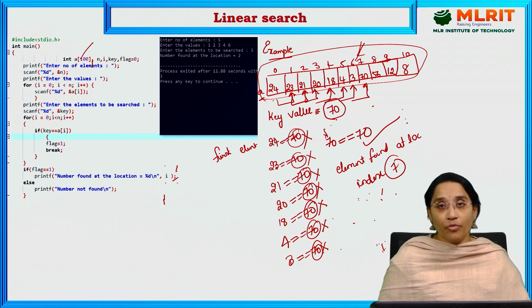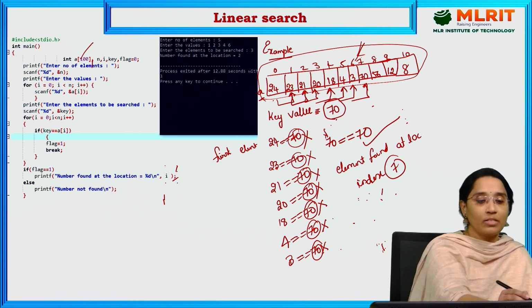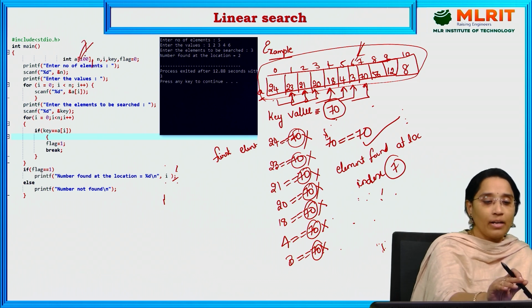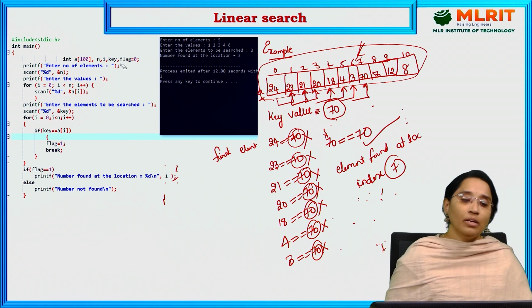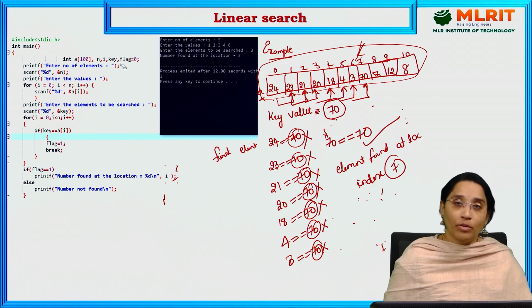Execution of your program starts from the main section. int a[100]. What type of declaration is this? This is an array declaration, and static memory allocation is done here: at compile time you fix the size of the memory. a[100], 100 is the array size.